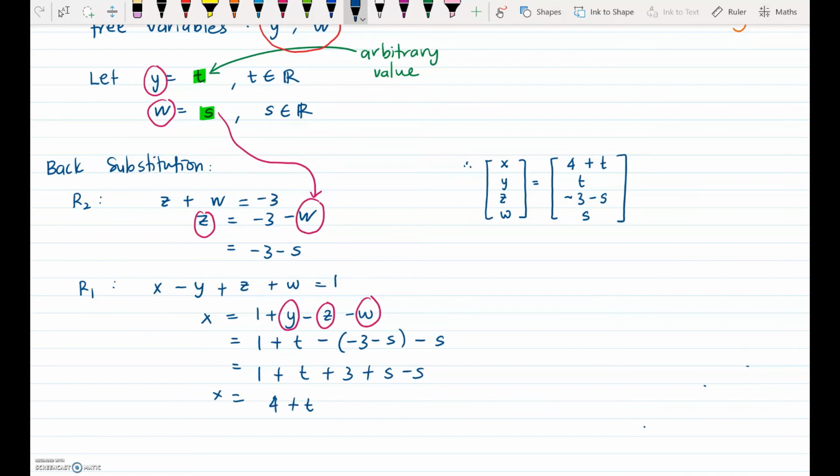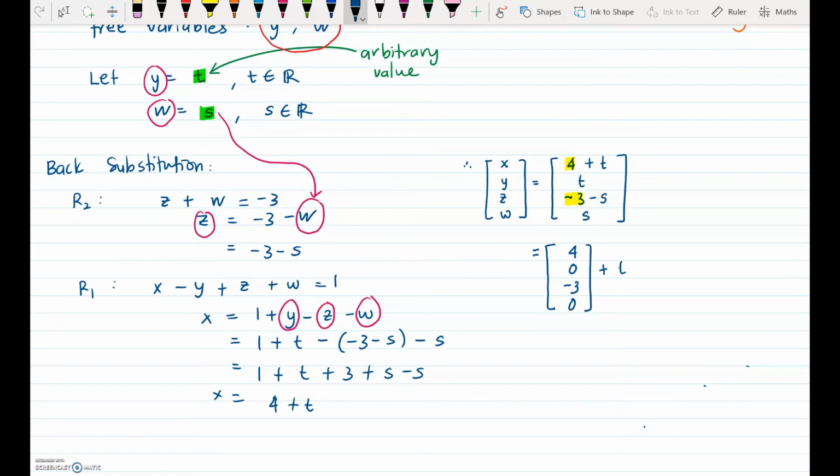If you write in the form of a linear combination, firstly you write the constant numbers, which are 4 and -3, and the rest will be 0 and 0.